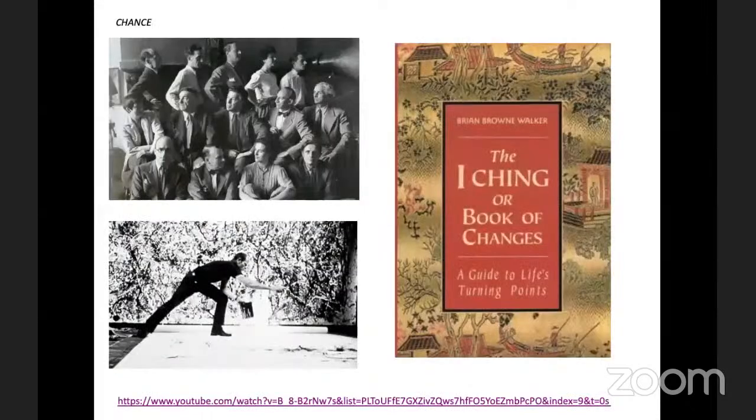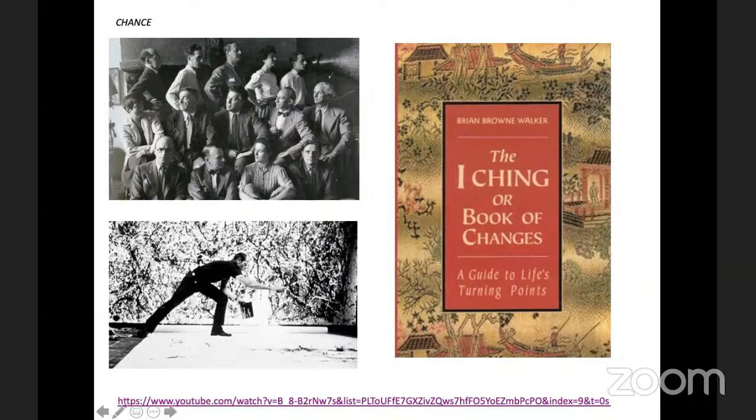So chance, using the I Ching that he was given by a student of his. The Surrealists were in New York waiting out the war, and they were also partly responsible for the new avant-garde that was happening in New York in post-World War II, people like Pollock.